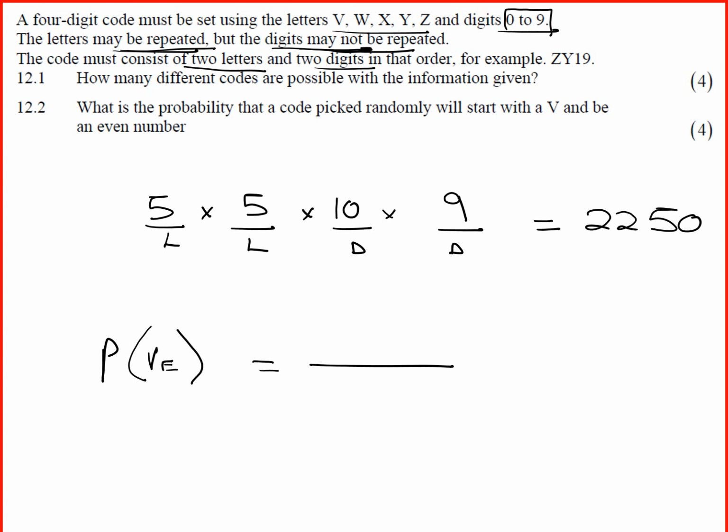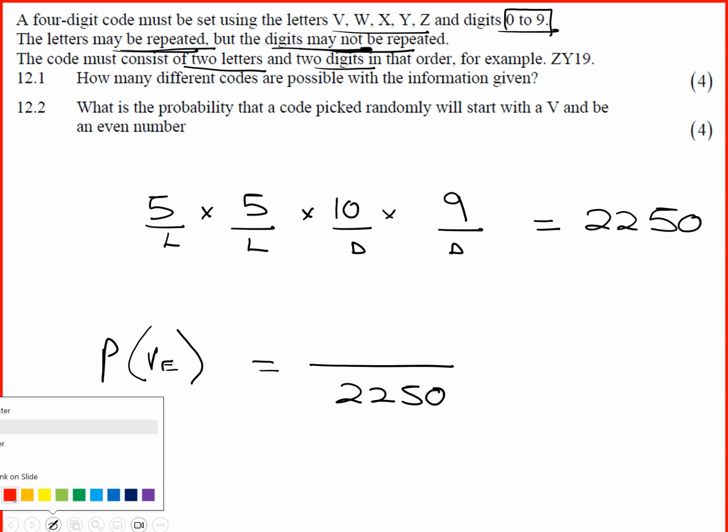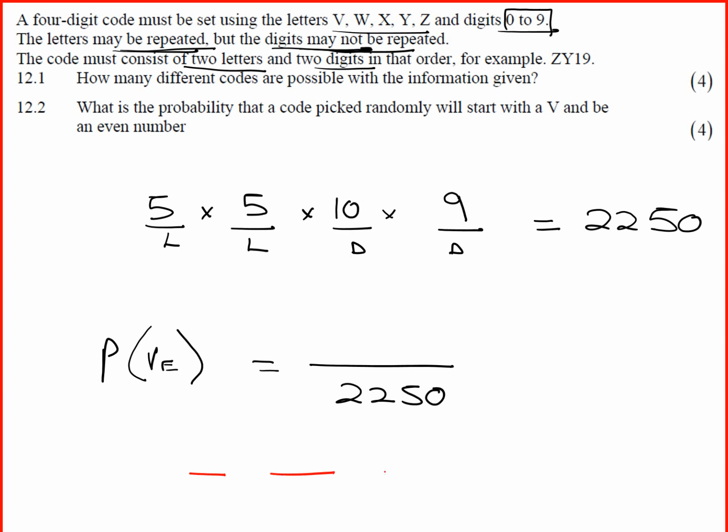Now, what is our total sample space here? 2250 we found in the previous question. But now they want to know from us, what is the probability that a code picked randomly will start with a V? If it has to start with a V, we only have one choice.